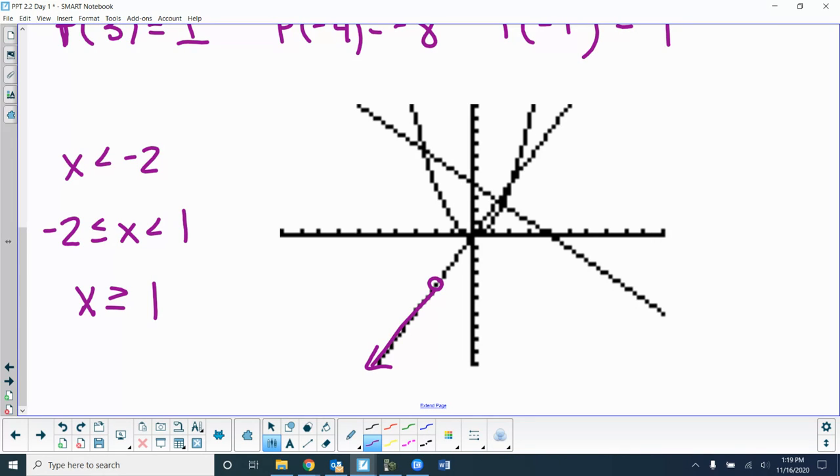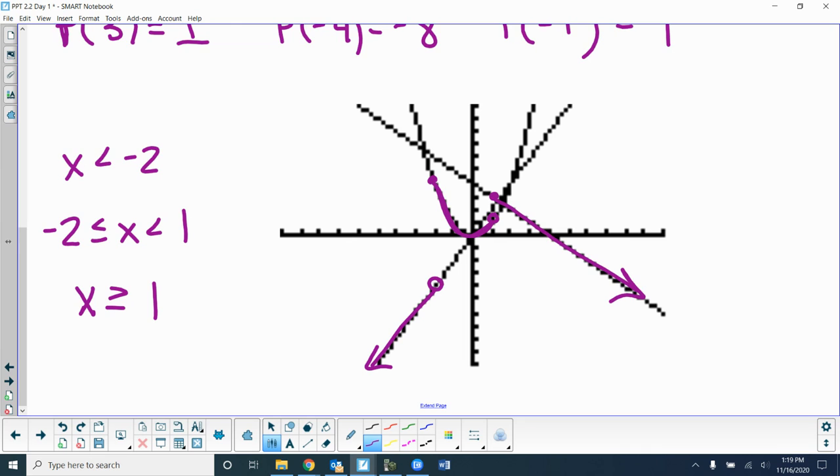Here, including the negative 2, up to, but not including the 1. So it's this little curve here. Not including the 1, so at the other end I have a circle. I got a dot including the negative 2, see that? And then from 1, including the 1, this way, is the third piece.